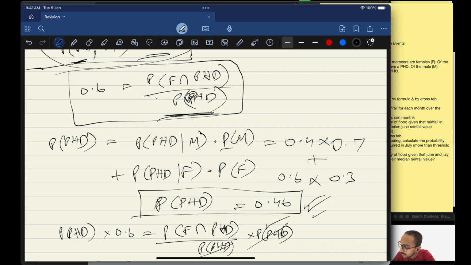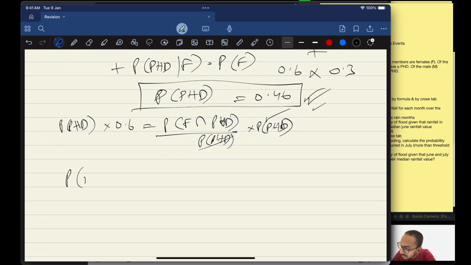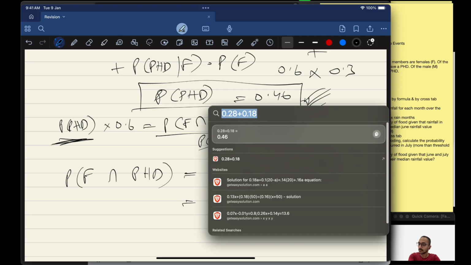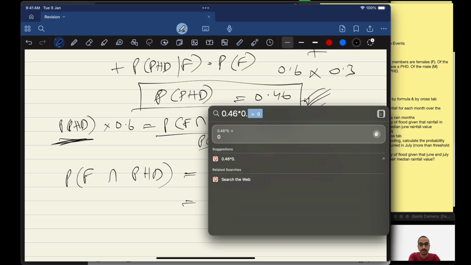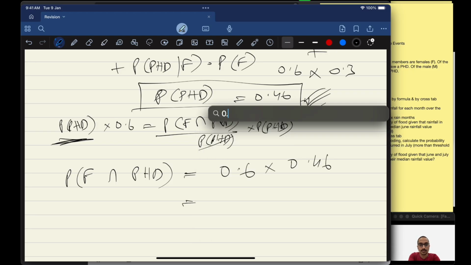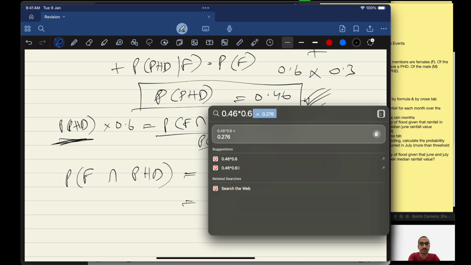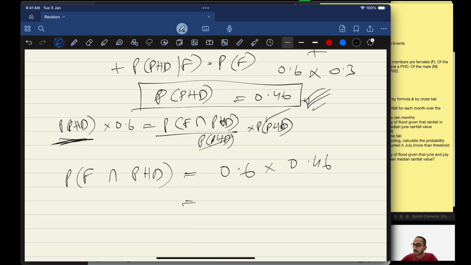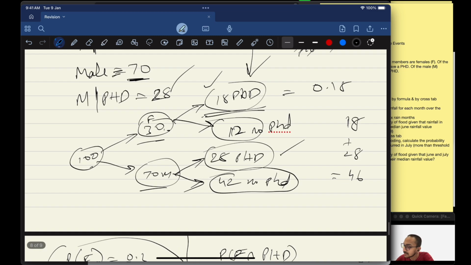So now we have P of F intersection PhD equal to 0.6 into, we'll substitute our total probability, 0.46. 0.46 into 0.6, that is 0.276, right? 276. And is that matching our value here?